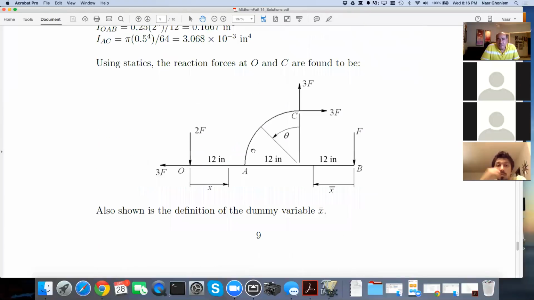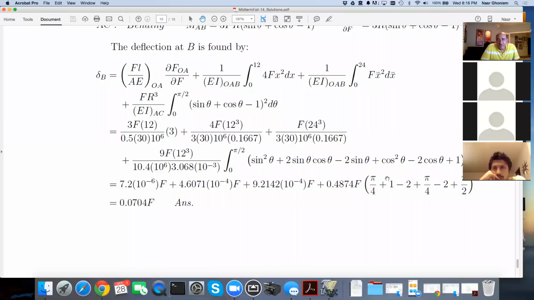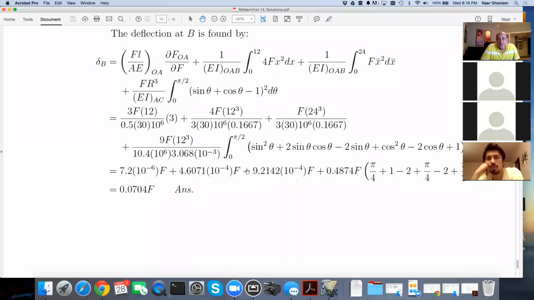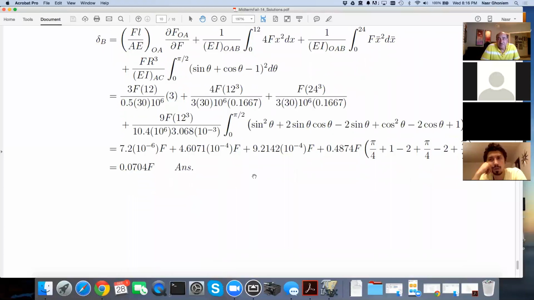All of this is given in anticipation that you'll be able to figure out the moment in a curved section and take its derivative with respect to the angle on the curved section.